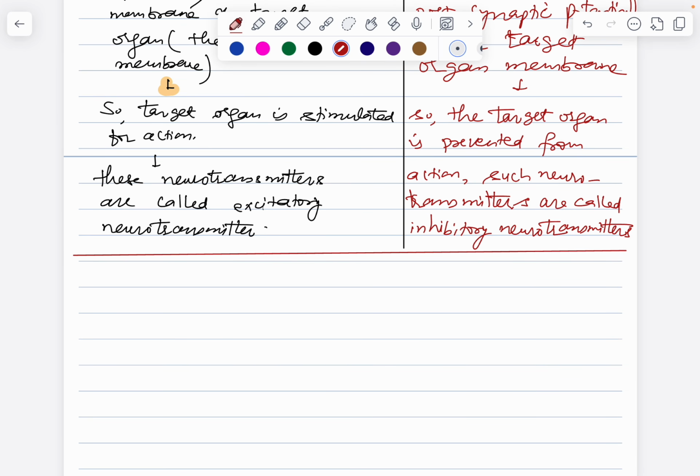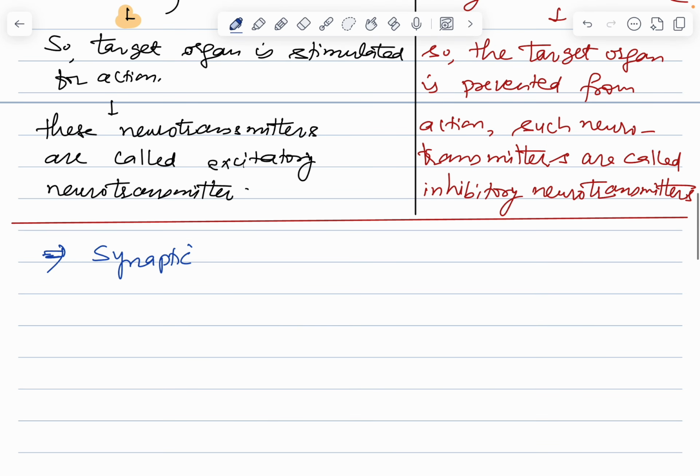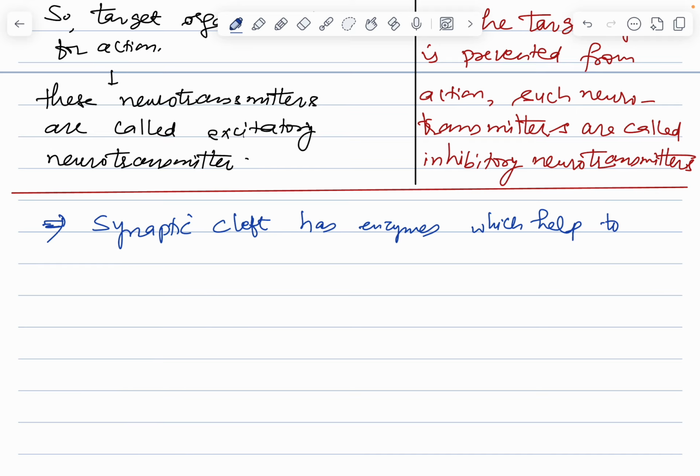So, moving on to the next concept now, the synaptic cleft. Synaptic cleft, the 10 to 20 nanometer gap between the presynaptic and the postsynaptic membranes on a chemical synapse. Synaptic cleft has enzymes which help to hydrolyze.